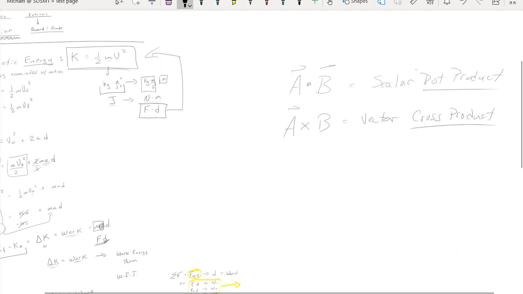I prefer to use the full name for each of these because the word out front tells us what we're going to get as a result of that particular multiplication. For the scalar dot product, we get a scalar quantity. For a vector cross product, we get a vector.